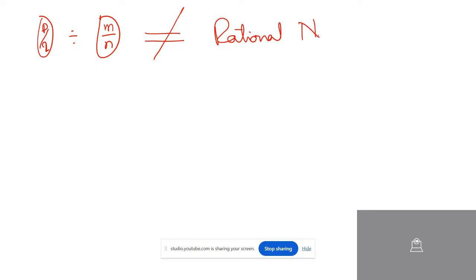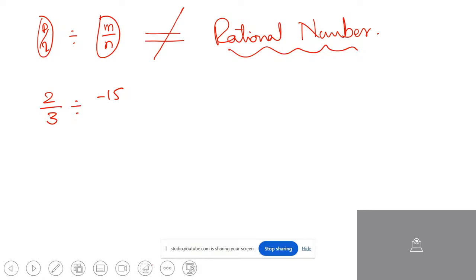It may be that in most of the examples you get a rational number, but in one case it will not be. For example, we have studied 2 by 3 divided by minus 15 by, so it will not be a rational number. Understood?